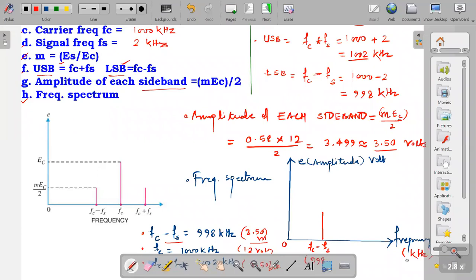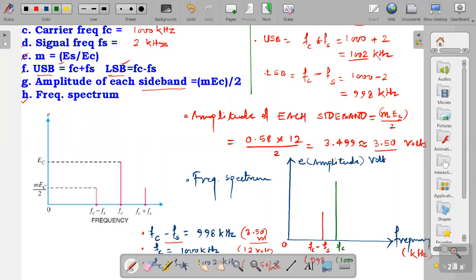Then I will use a different color for the carrier frequency, suppose green. This is your Fc. What is the value of Fc? 1000 kilohertz.